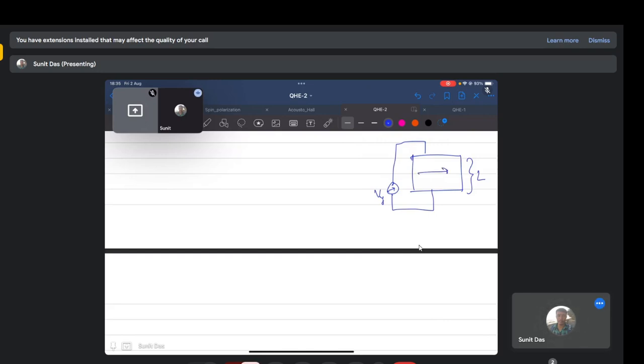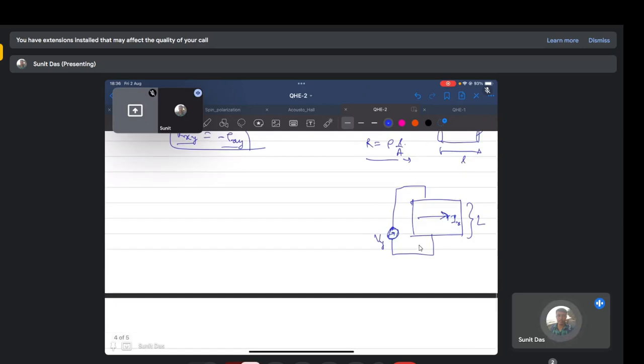Okay. So we have attached some battery, through which we can drop voltage, and we are measuring that the current through this material is Ix, right? Again, our emphasis is on the Hall conductivity. So we are applying voltage and measuring current perpendicular to the direction of the applied voltage, right?